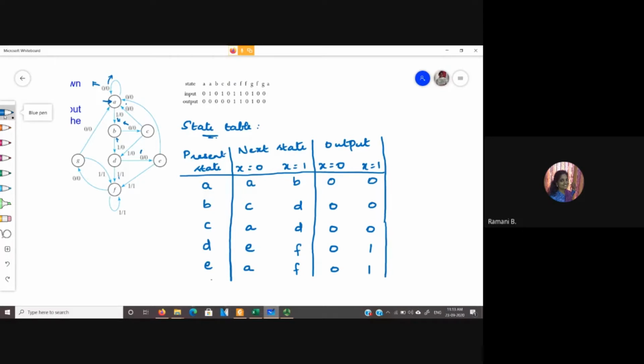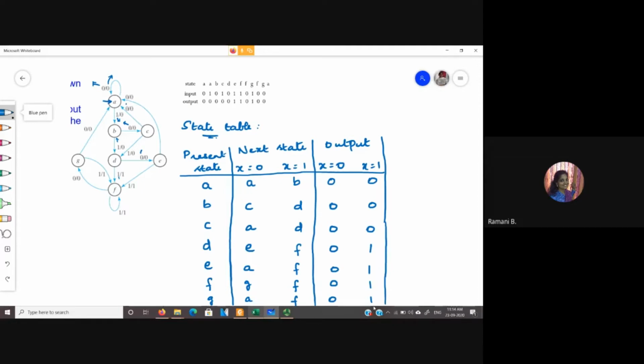For F, when input is 0, I am moving to state G and the output is 0, and when input is 1, I am remaining in the same state F and the output is 1. From state G, when the input is 0, I am moving to state A and the output is 0, and when the input is 1, I am coming back to state F and the output is 1.